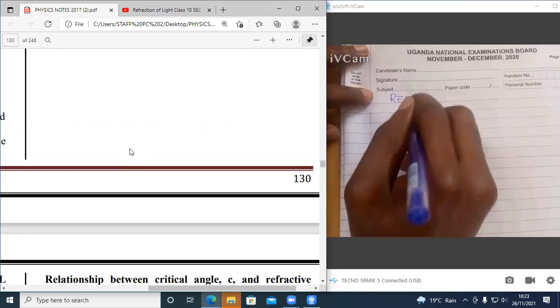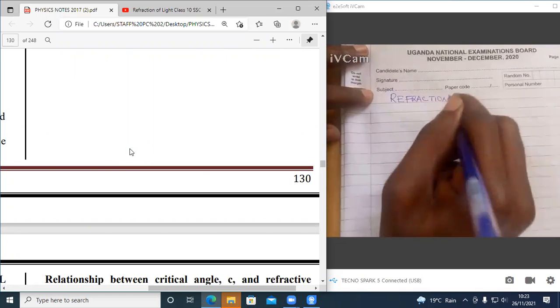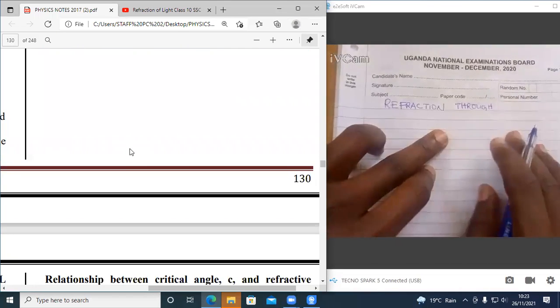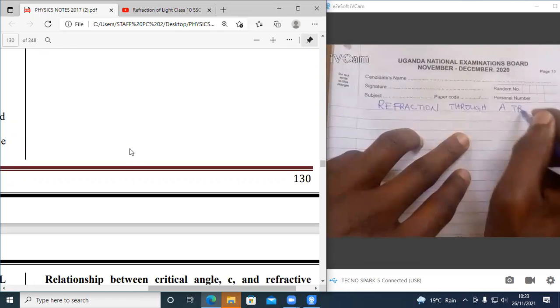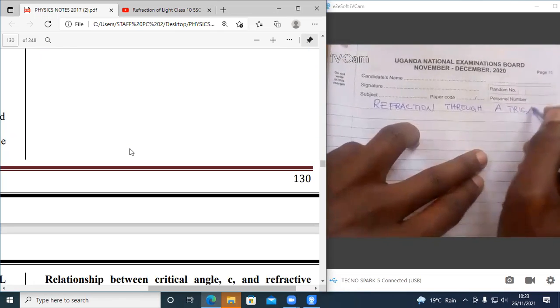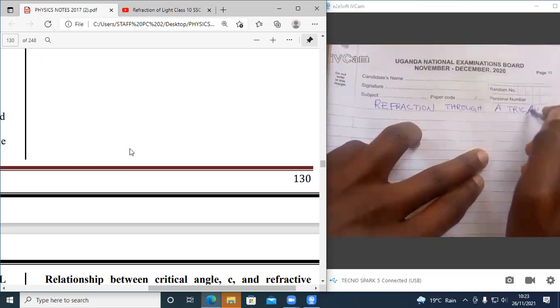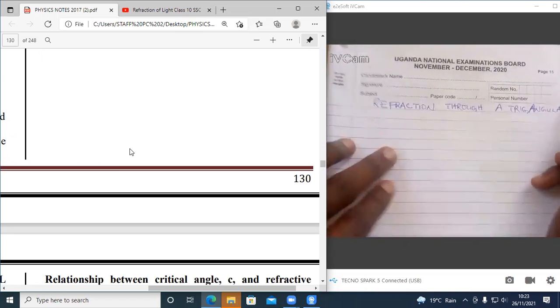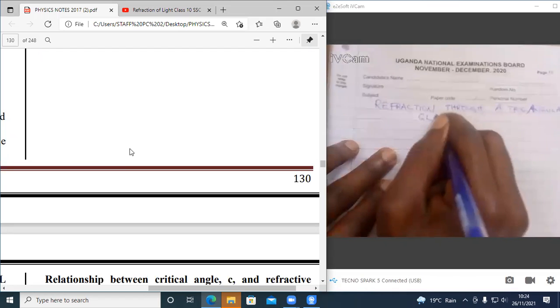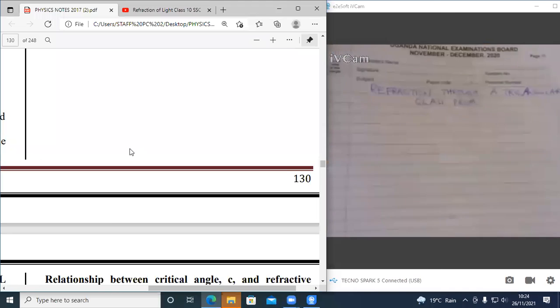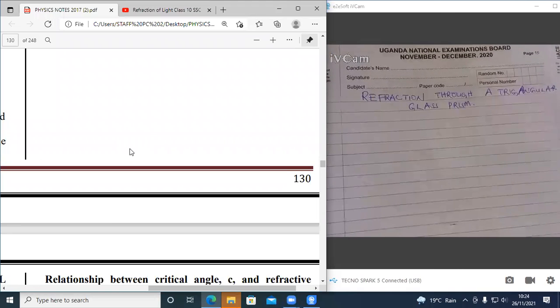Refraction through a triangular prism. Okay?